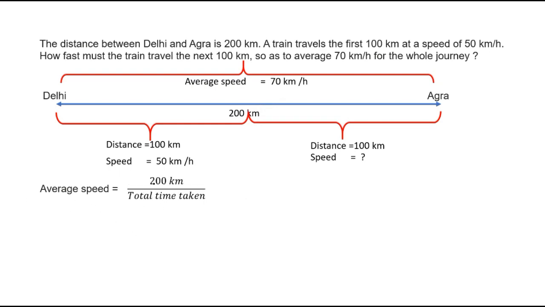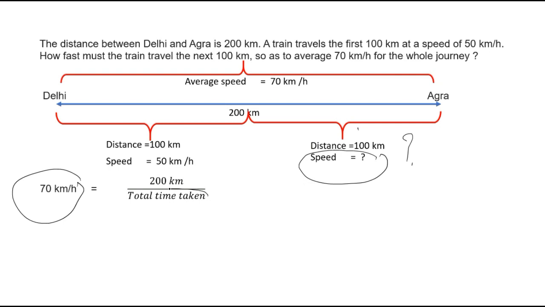So straightaway you can take 200 kilometers as the total distance covered, and the average speed is 70 kilometers per hour. And what should be the speed of the train to get the average speed of 70 kilometers per hour, right?